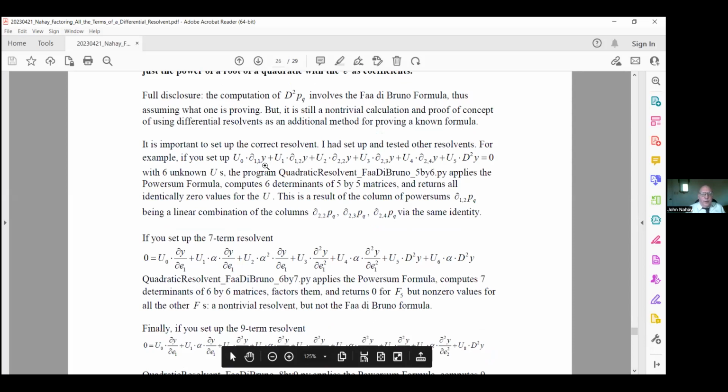If you set up a different one here, with this set of partial derivatives and total derivation in 6 unknowns, you will get all identically 0 values.